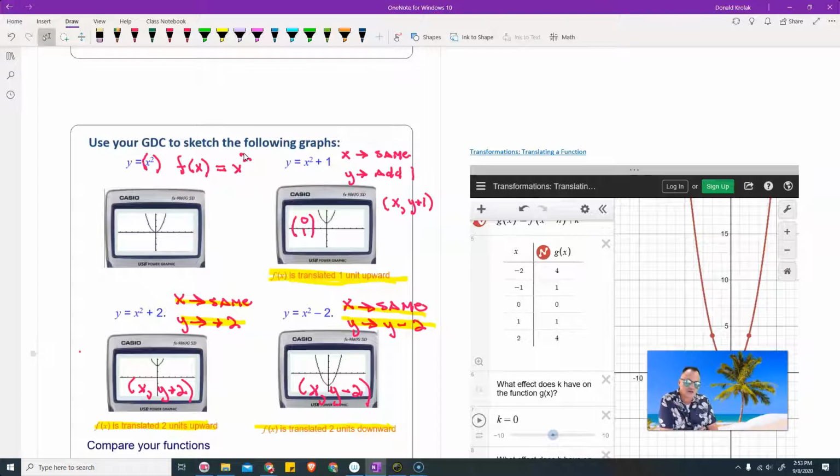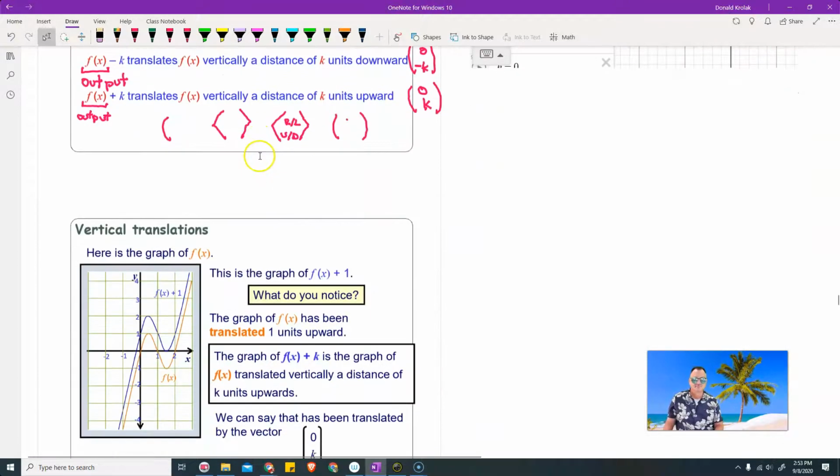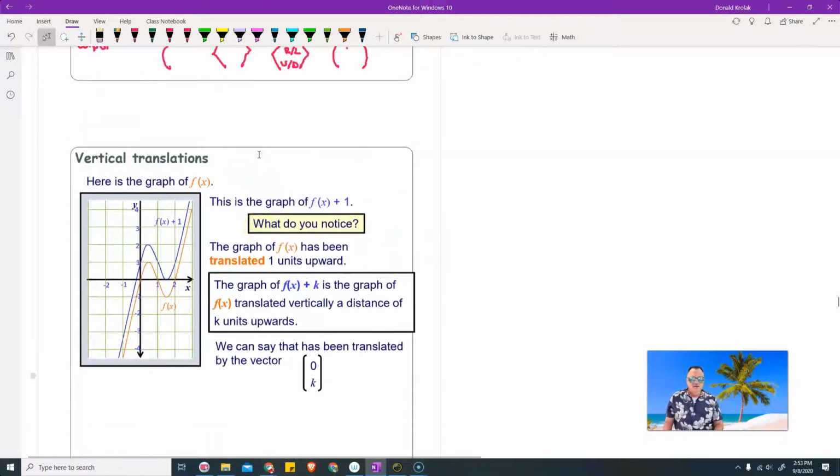This we would describe with the vector 0, 2, because it went 2 up. And this one would be described using 0, negative 2. Okay? So that's what we're talking about here. We took the output and we added a number to it. Whatever that number was, it slid the graph upwards if this number's positive.